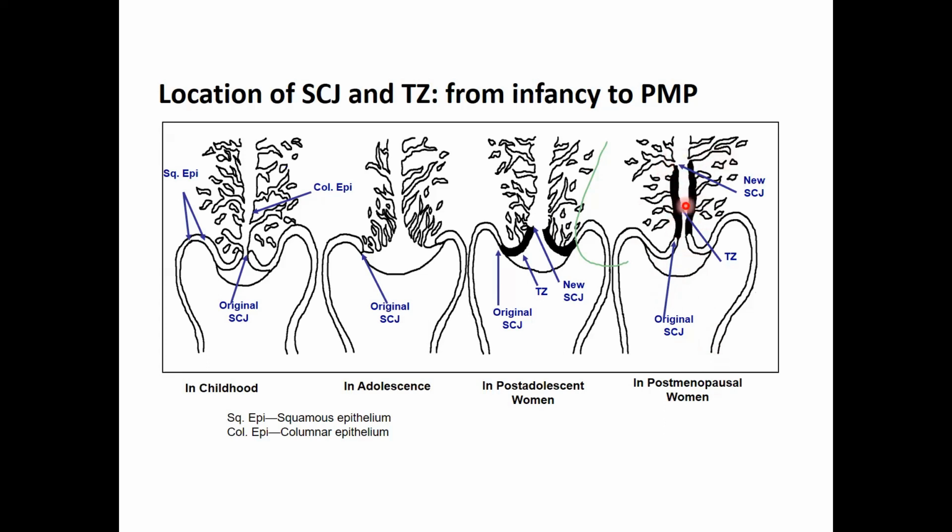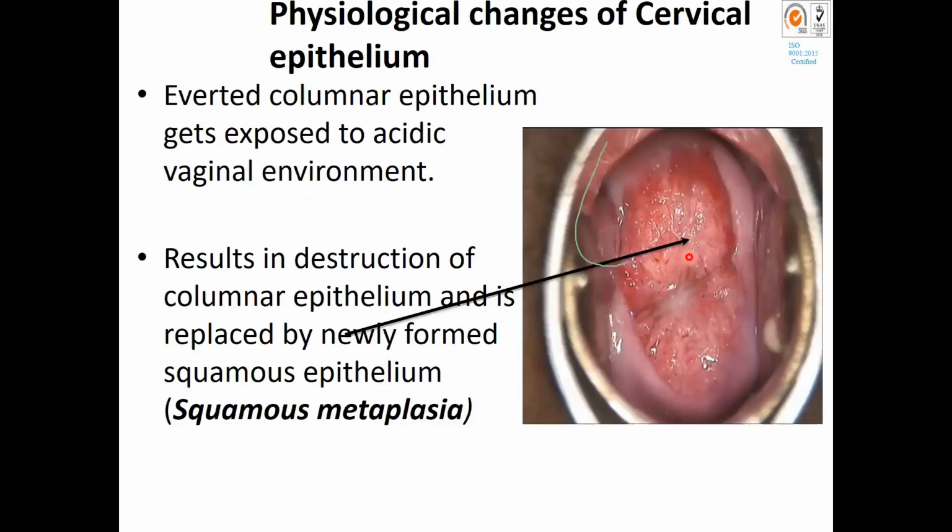And that is why it is sometimes very difficult when you get a woman who is about 50 years. When you are doing a screening, you may not be able to visualize the transformation zone. That is why we encourage such women to run pap smears, because we need to collect the endocervical swabs.